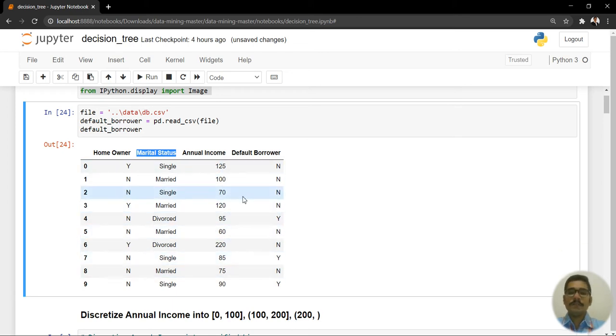The minimum value is somewhere around 60 and the maximum value is 220, and in between there are values in some intervals. We'll see how we can discretize that, and only for annual income we have to do that treatment. The other two columns are not a big issue, because they are as usual.